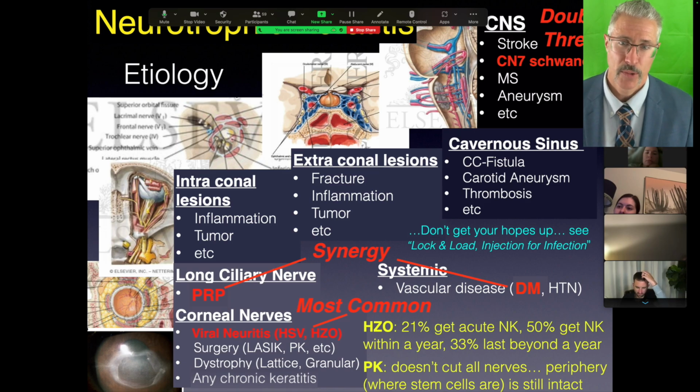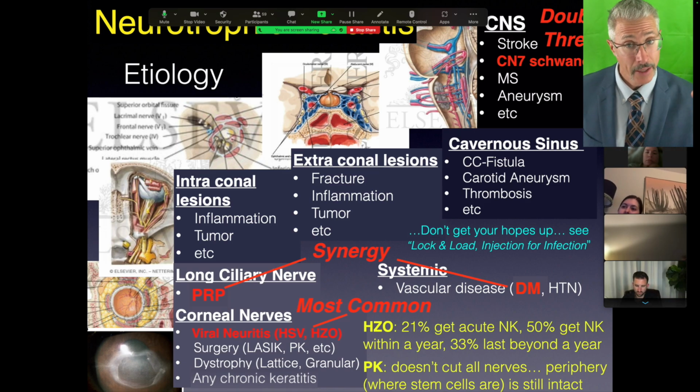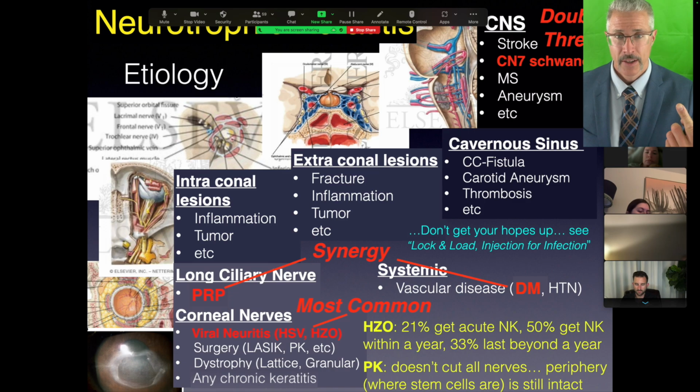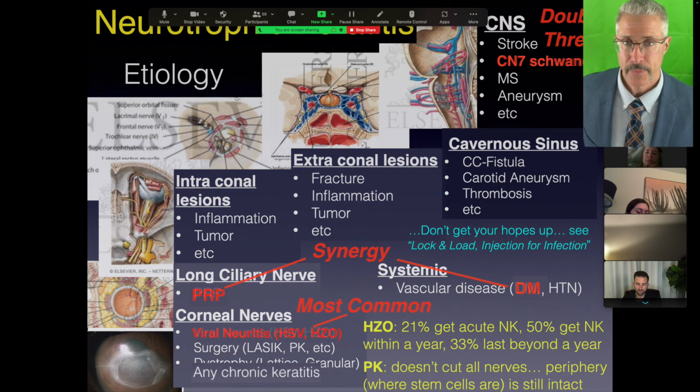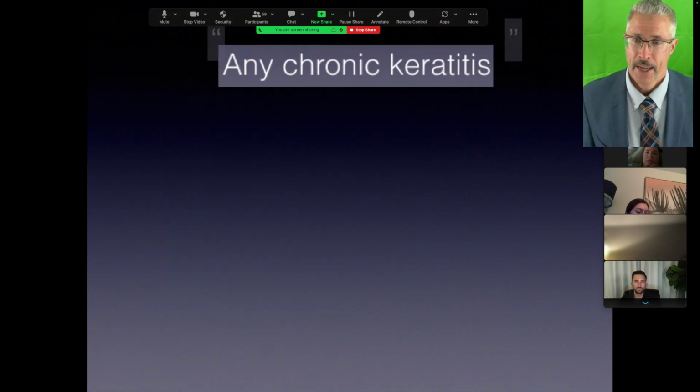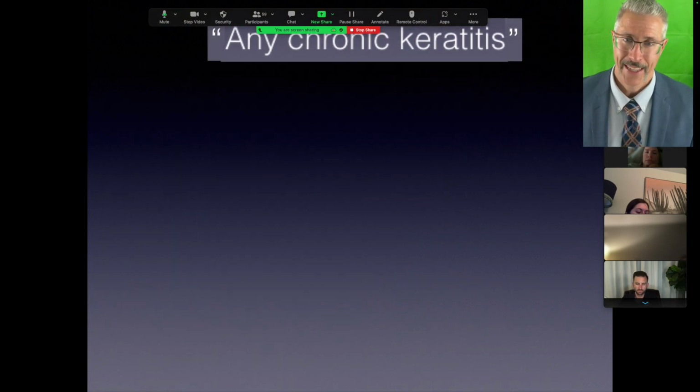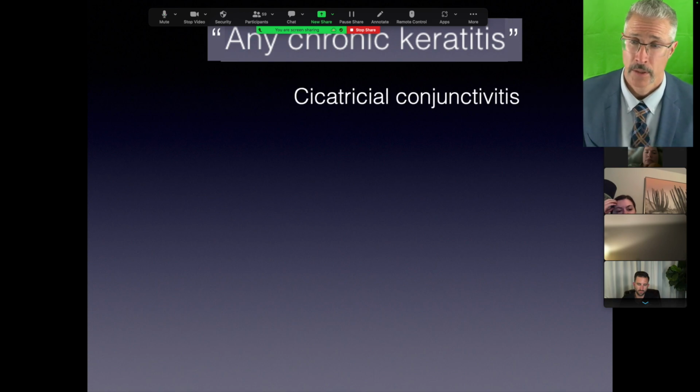PK patients often will get a little trouble with the nerves because you're cutting all the nerves 360, but there's still some nerves existing where the stem cells live. So they still can grow. Necrotic keratitis, though, can cause neurotrophic keratitis. So inflammation is not good for the cornea and its nerves.